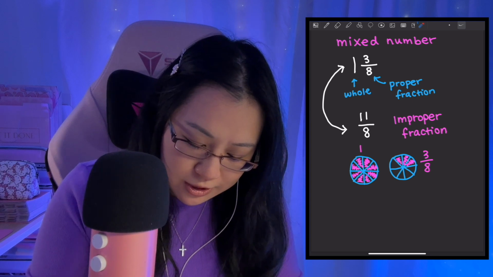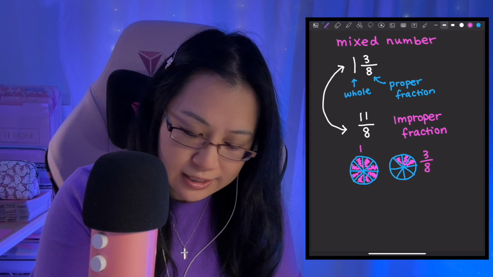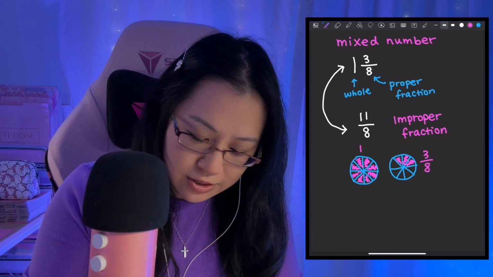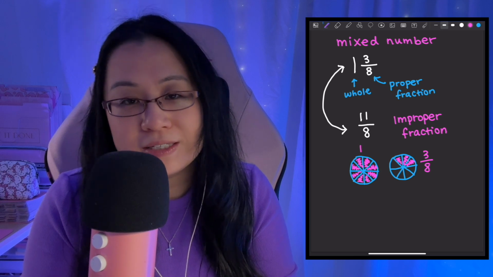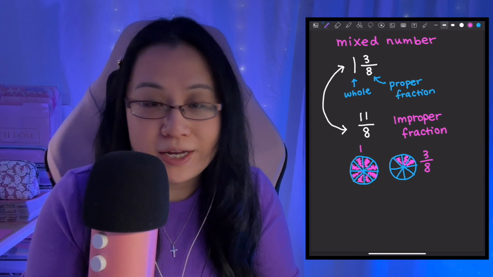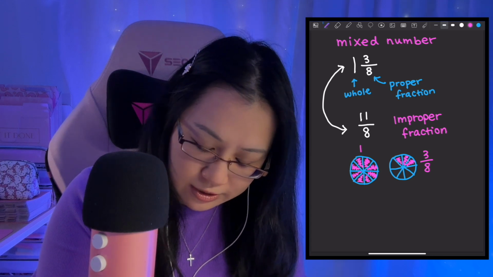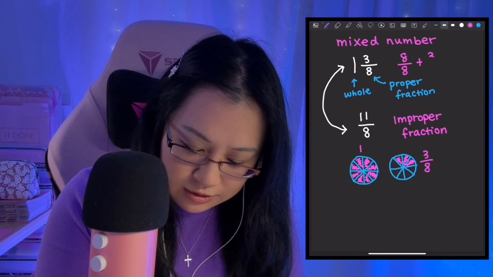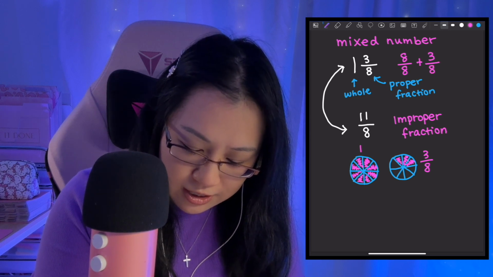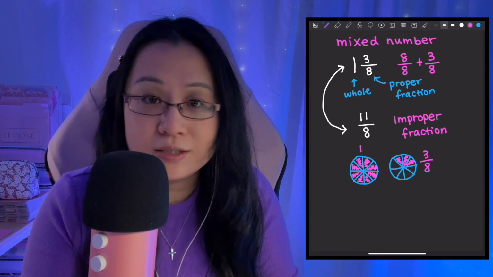So essentially, this 1 is actually rewritten as 8/8. The denominator tells us how many slices to cut our 1 into. So this is basically, conceptually, 8/8 plus 3/8, which is 8 plus 3 is 11, and then the 8 still stays the same.